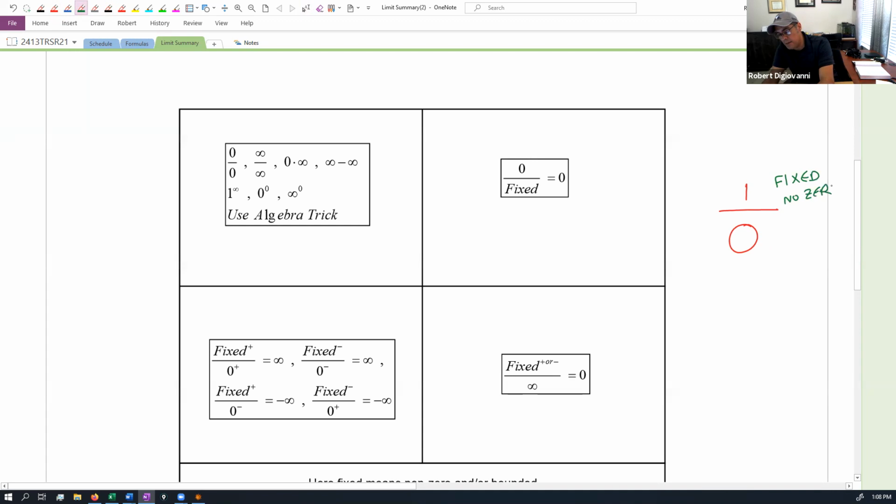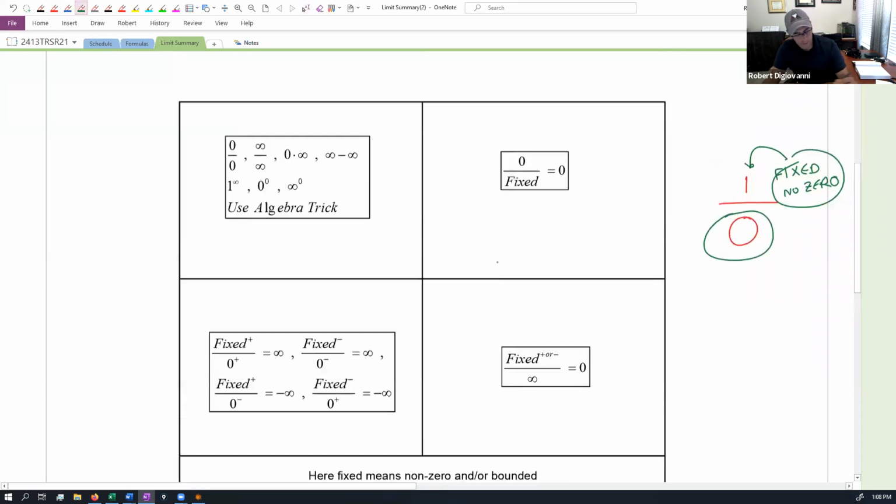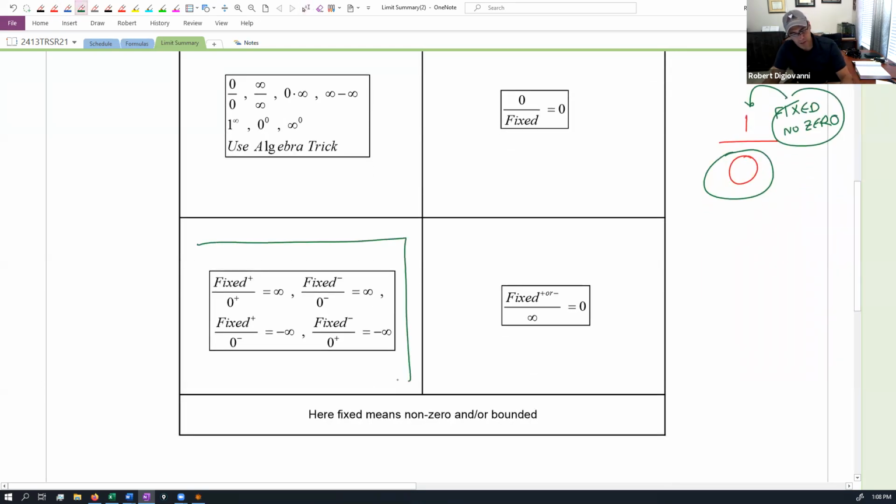Do you agree that 1 is fixed, meaning it's not changing, it's not a variable, and it's not 0? Anytime we have that divided by 0, we are going to be looking at these cases over here.